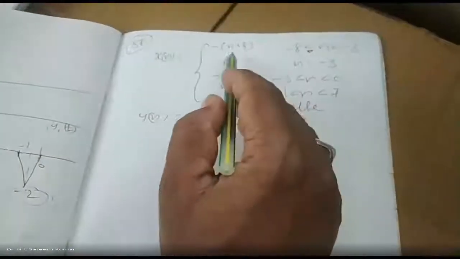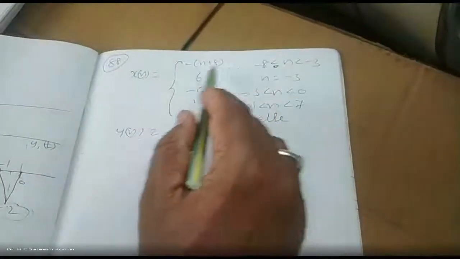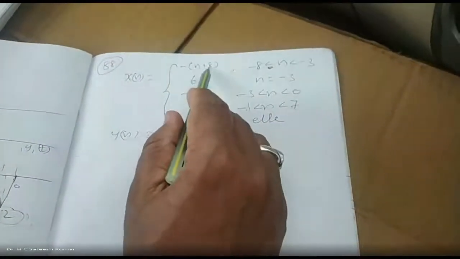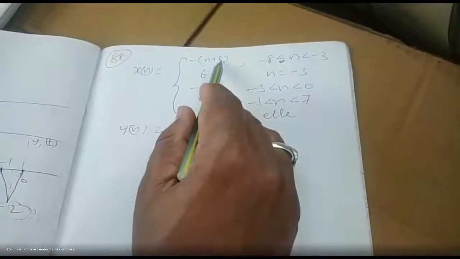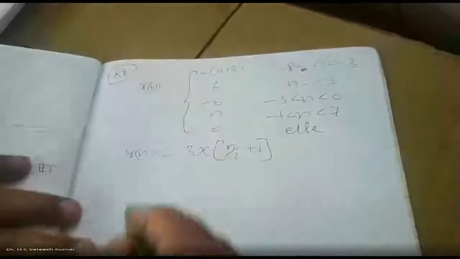So this signal starts from where? Minus 8, it's not included, so minus 7. Minus 7, what is the value? Minus 7 plus 8 is 1, and 1 into minus 1 is minus 1.